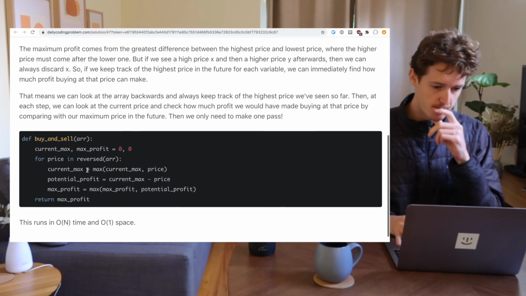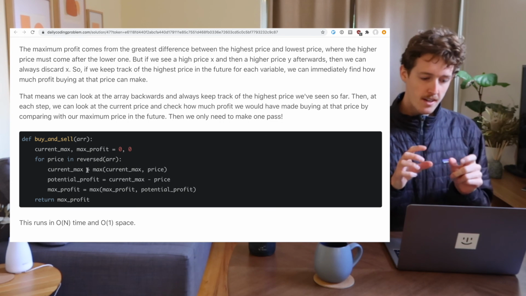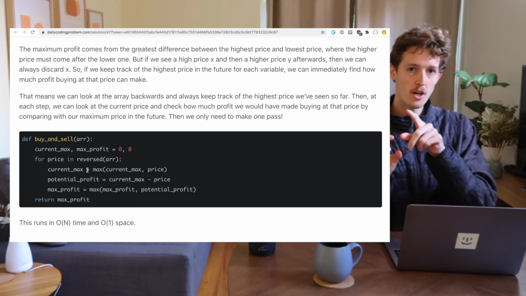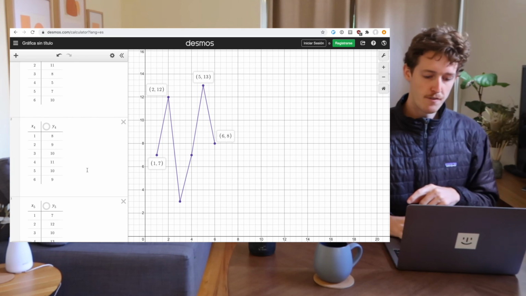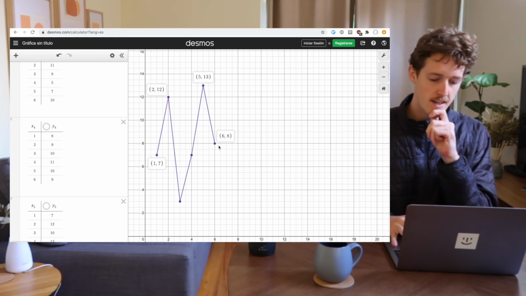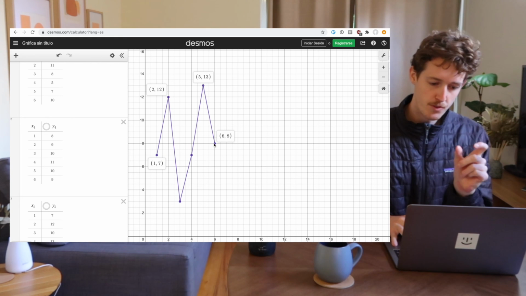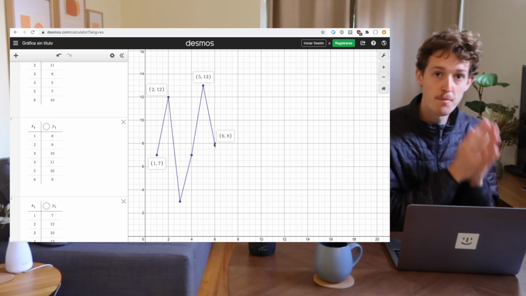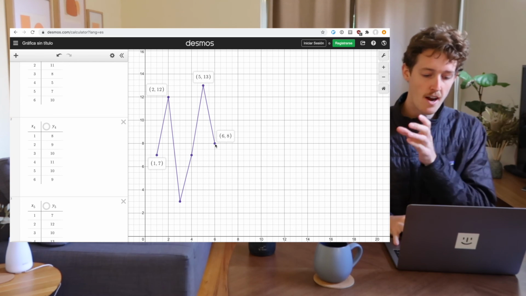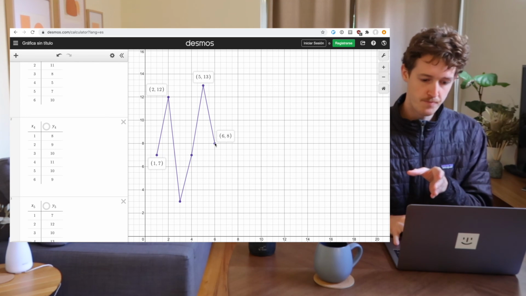What they actually did is quite cleverly use the fact that if you move backwards on the graph, you can find the profits that way. So let's take this example, right? They start here at the back and say, all right, I'm going to look at 6.